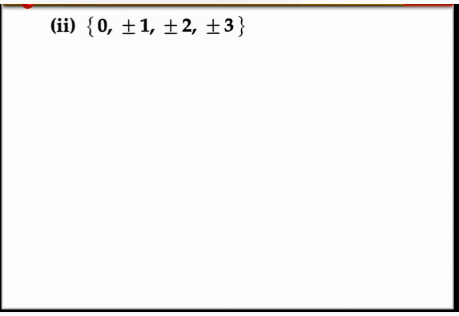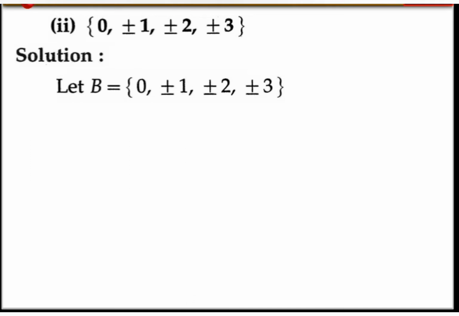Number 2. Set of 0, plus or minus 1, plus or minus 2, plus or minus 3. Solution. Let B be equal to the set of 0, plus or minus 1, plus or minus 2, plus or minus 3.